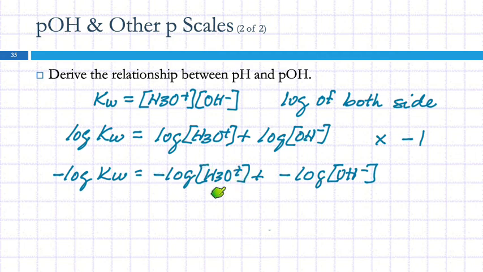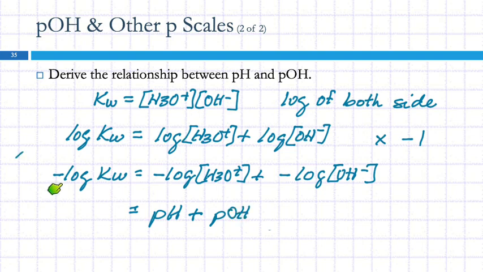What does this represent? pH. And what does this represent? pOH. So I've got pH plus pOH.